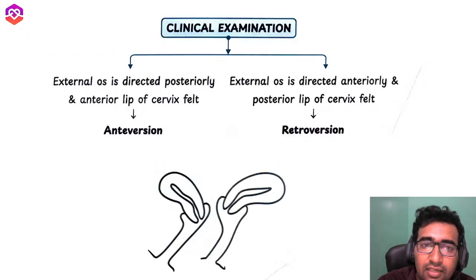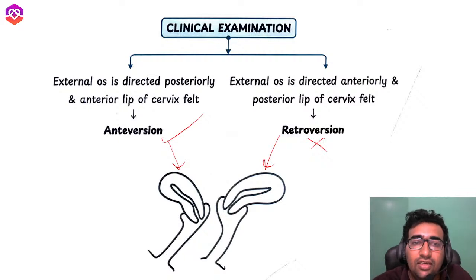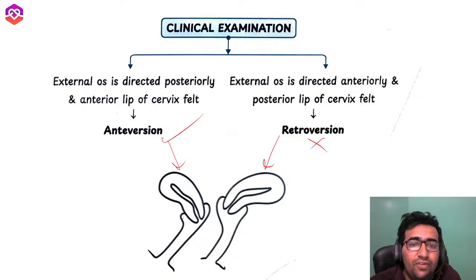Okay, you see here, anteversion is normal and retroversion is abnormal. This is anteversion and this is retroversion. How will you understand that? By finger examination, the anterior lip of the cervix is felt. Then it is normal. Anterior lip of the cervix is felt with finger examination; it is anteflexion.